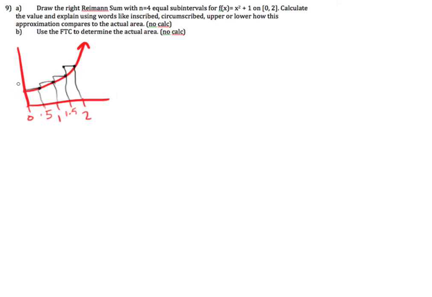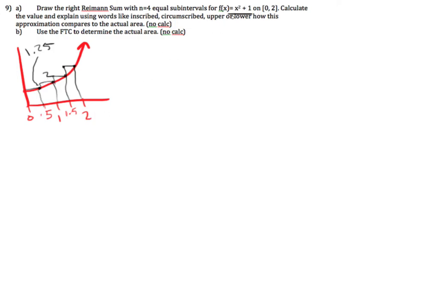Okay, so figure out the heights of your rectangles. Well, that height right there at 0.5, just plug 0.5 into your function. So 0.5 squared is going to be 0.25 plus 1. We're going to get 1.25 right there. Again, plug 1 in. 1 squared is 1 plus 1 is 2.